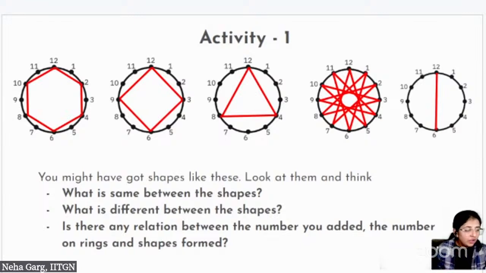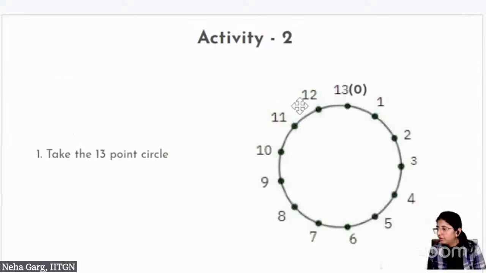So now you can draw a circle and divide it into 13 equal parts. And then we will repeat the same activity. We will start by adding 1, 2, 3, 4, 5 until 12 and we will see what kinds of shapes we are getting. Okay, so let's start.